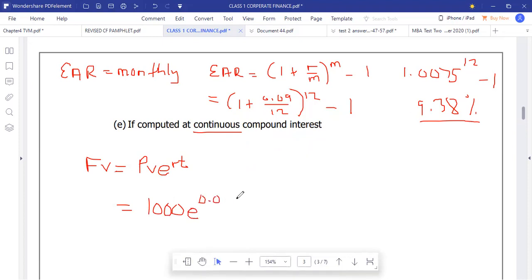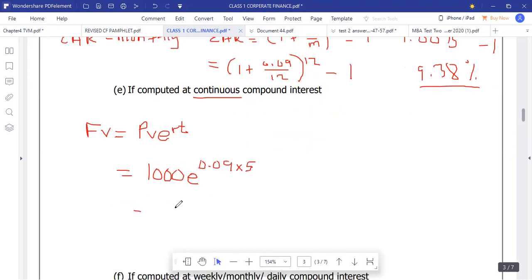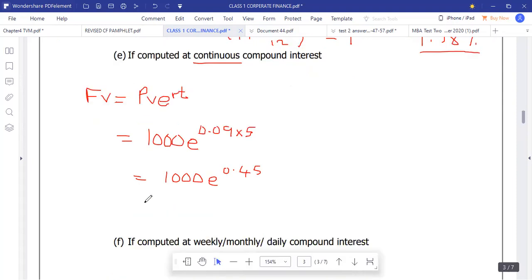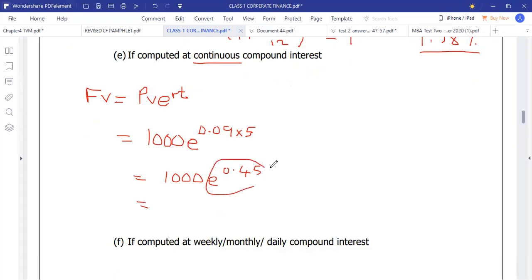And our time was what? 5 years. So 0.09 times 5 is 0.45. So when you do e to the power 0.45, we get what? 1 point what?